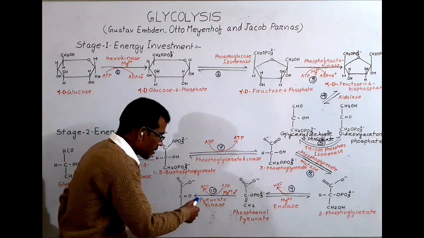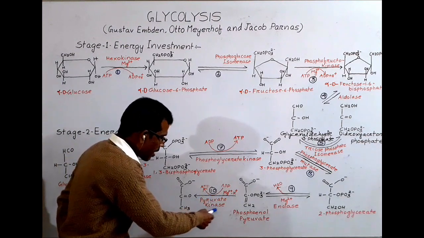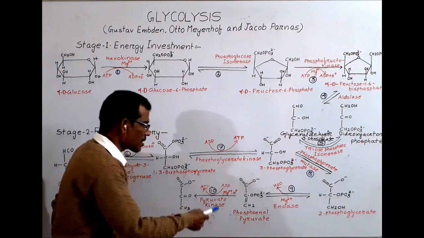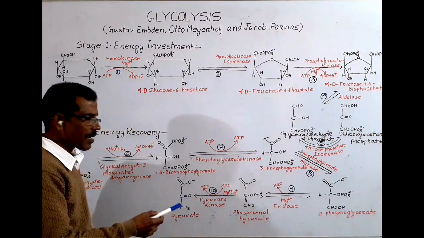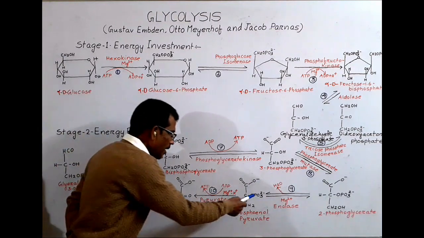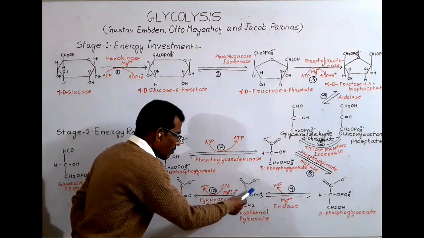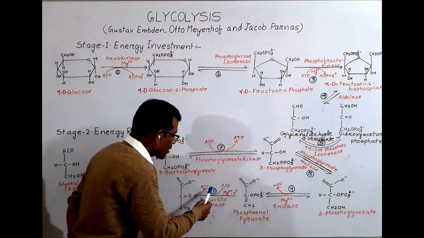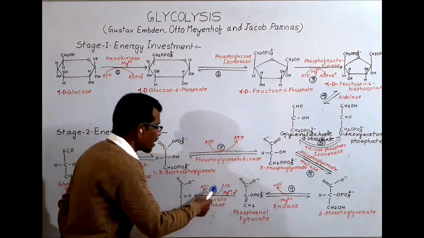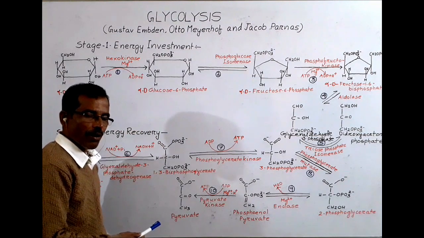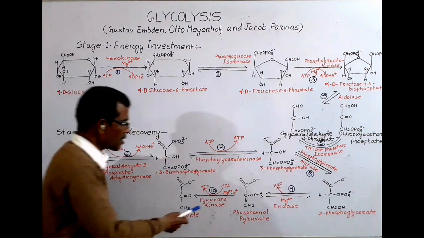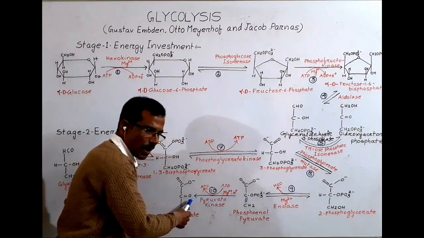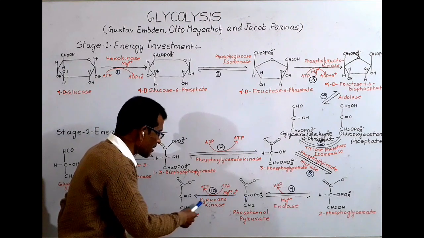This reaction is catalyzed by the enzyme pyruvate kinase, which catalyzes the transfer of the high energy phosphate group from phosphoenolpyruvate to ADP, thereby resulting in the formation of ATP. This is the second reaction of glycolysis which generates ATP.